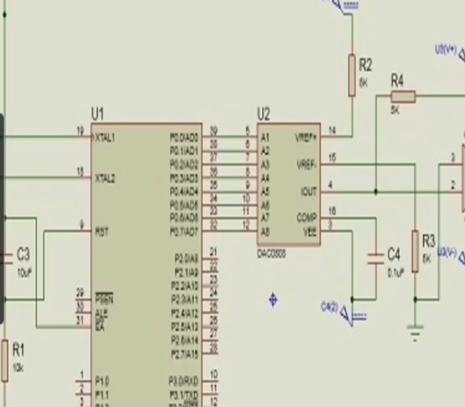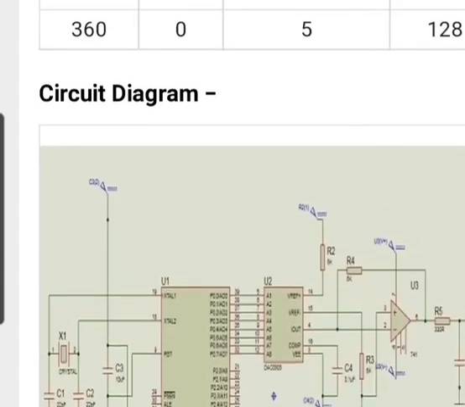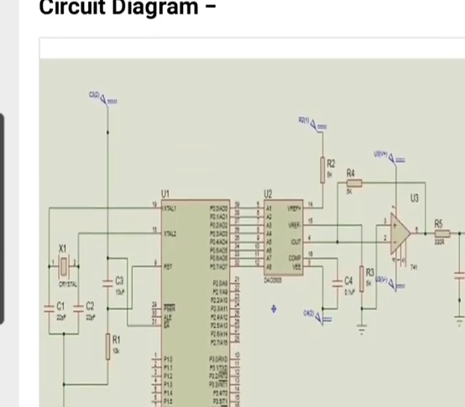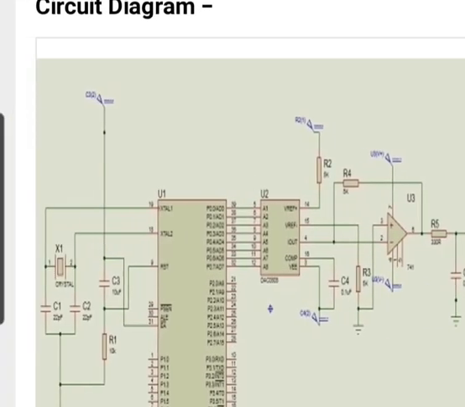Port pins P0 of the 8051 are connected to the DAC pins A2 to A5.